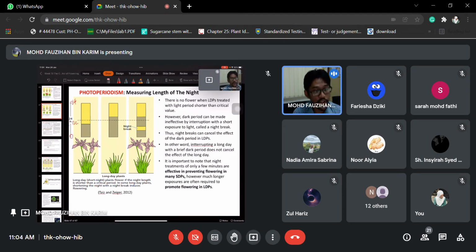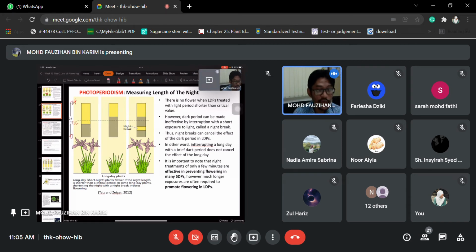If you do the vice versa, more darkness than the light exposure, it will not start flowering. Right? If you give darkness more than the light, it should not be flowering.